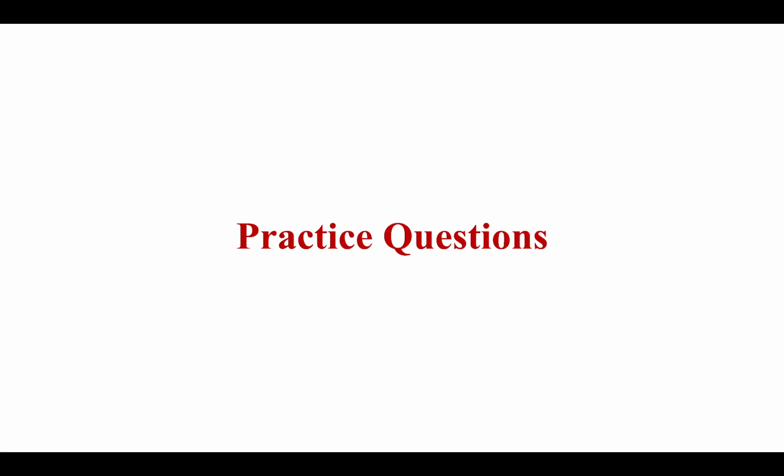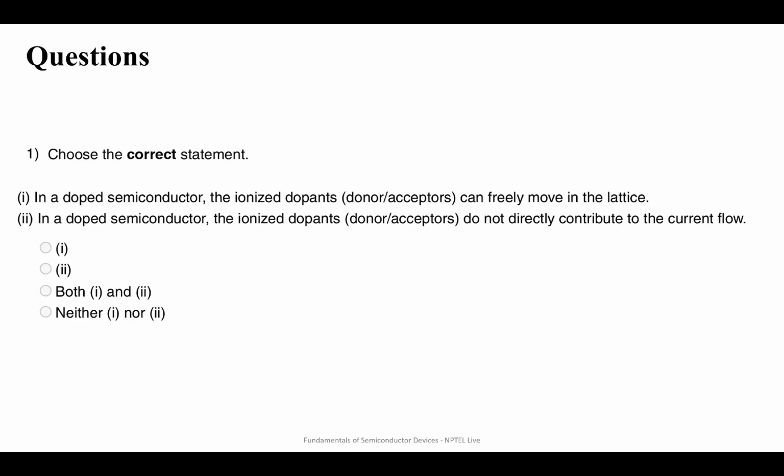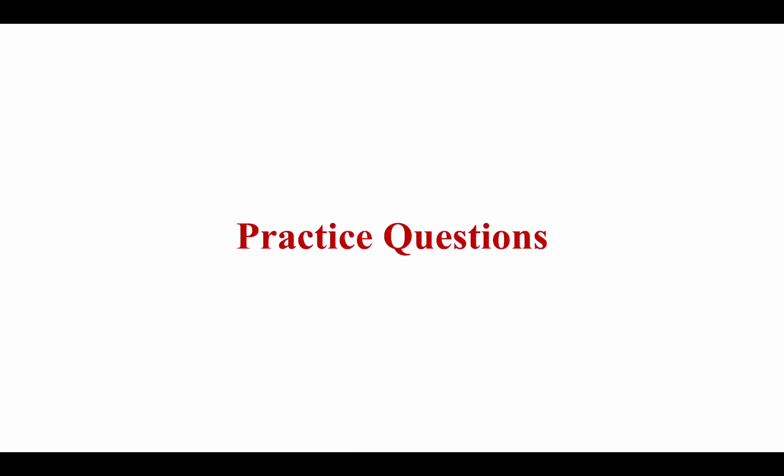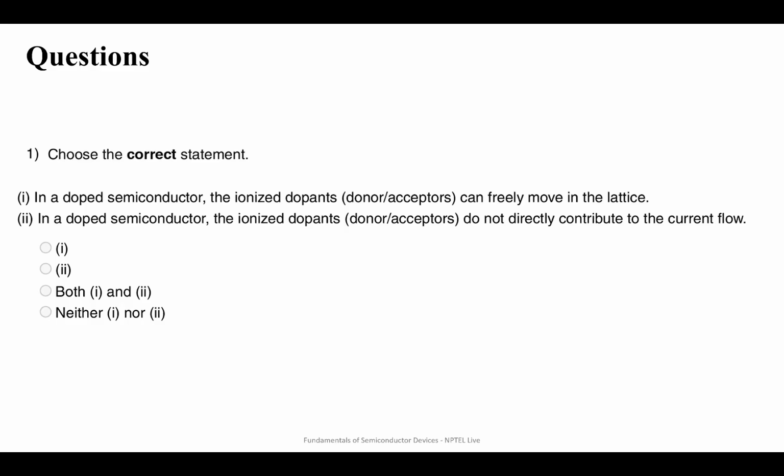So these are questions that are similar to your assignments and your exams. The first question is, choose a correct statement out of these two. The first statement is, in a doped semiconductor, the ionized dopants, that is donors or acceptors, can freely move in the lattice. Second, in a doped semiconductor, the ionized dopants do not directly contribute to the current flow.